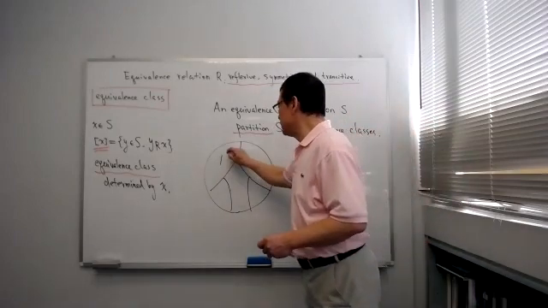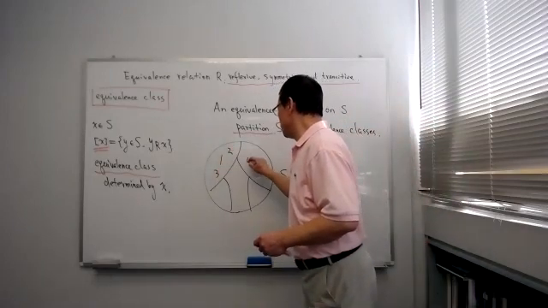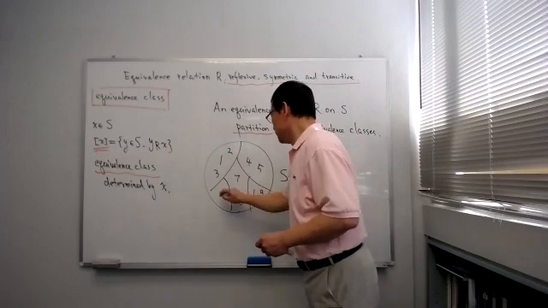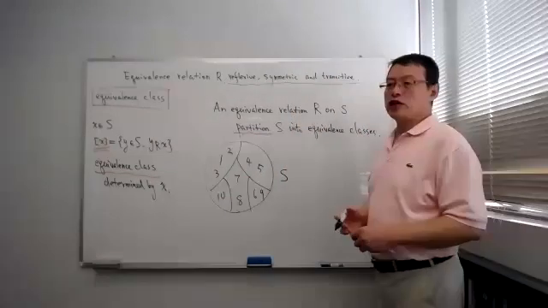Suppose it's here 1, 2, maybe 3, so here 4. That's a partition of a set.